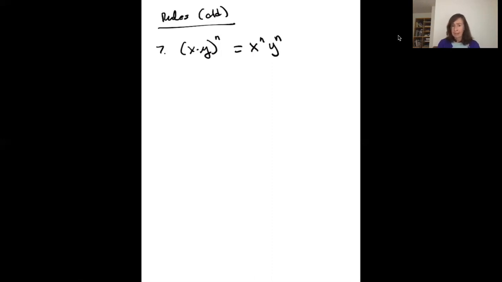And again, let's just check it out with numbers. Here, if we have 2 times 3 squared, one way to look at it is that's 6 squared, that's 36, but it is also 2 squared is 4, times 9, which is 3 squared, times 9, also equals 36.